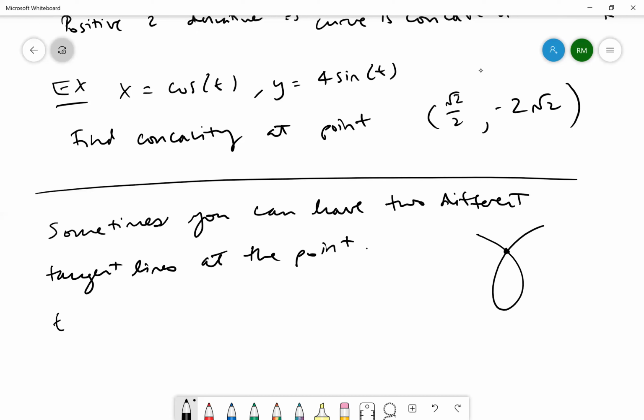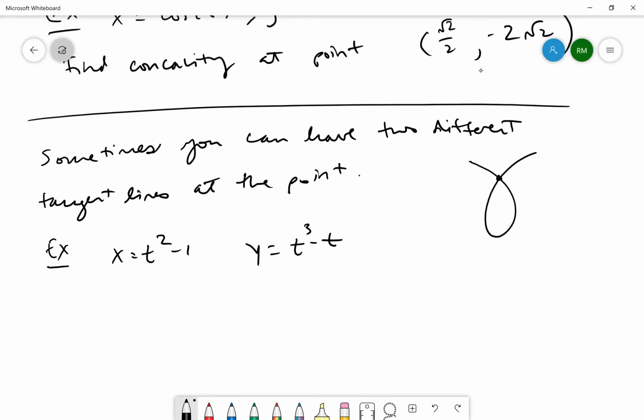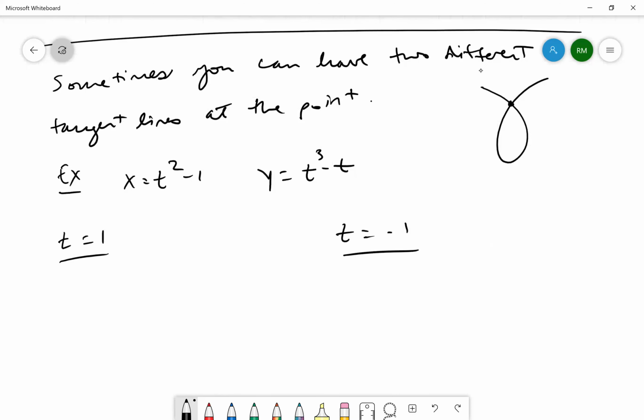So let's do an example where we look at the curve x equals t squared minus 1, and y is t cubed minus t. So look at the values when t equals 1 and t equals minus 1. What do we notice? Well, at t equals 1, x is 0 and y is 0. When t is negative 1, x is 0 and y is 0.